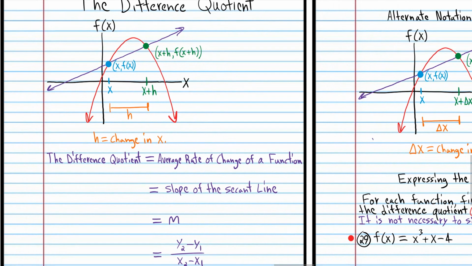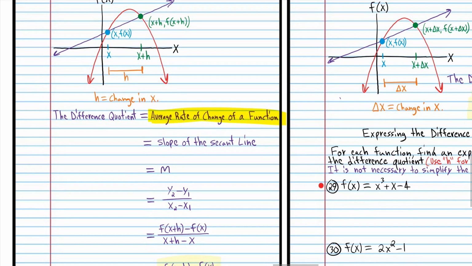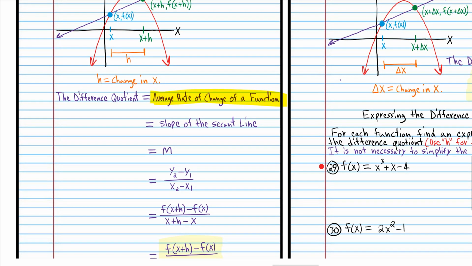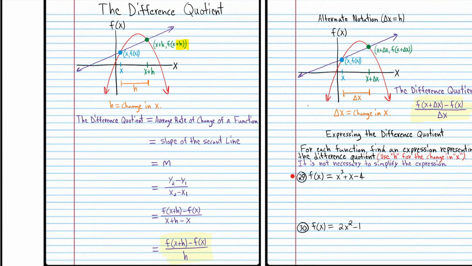So if we want to find the average rate of change, that's going to be the slope of the secant line, which we call m, y2 minus y1 over x2 minus x1. And if we plug in these expressions here, y2 is going to be f of x plus h.